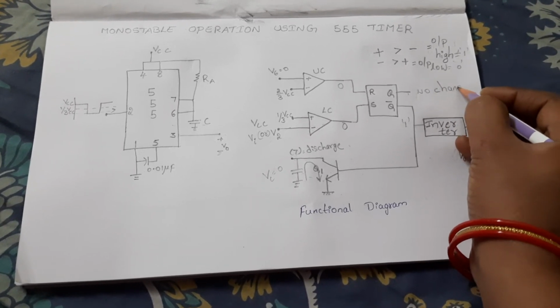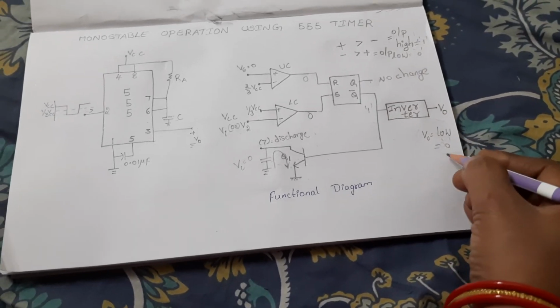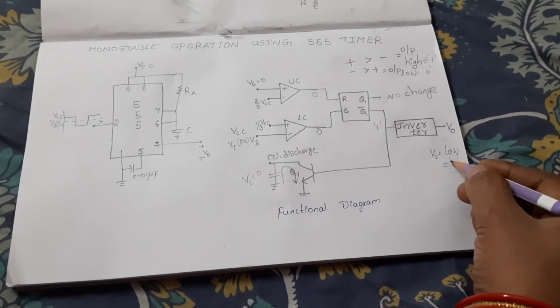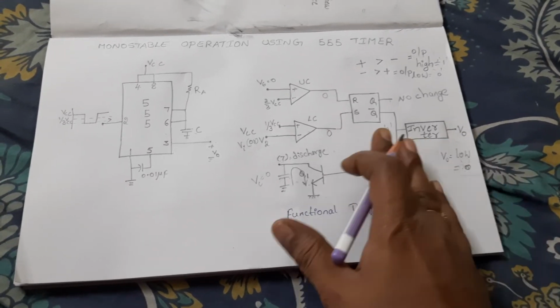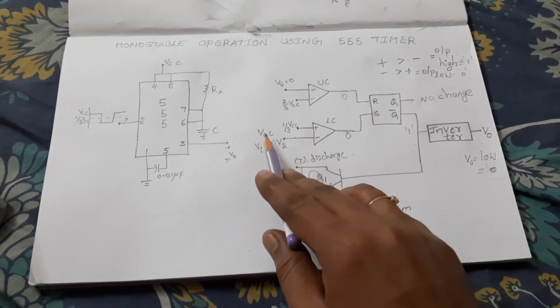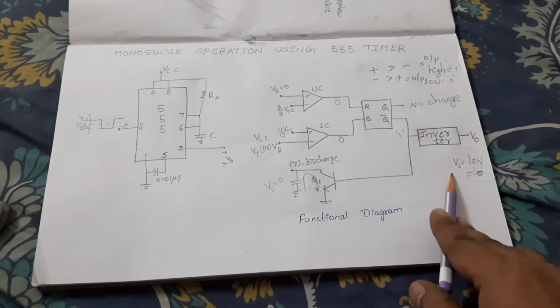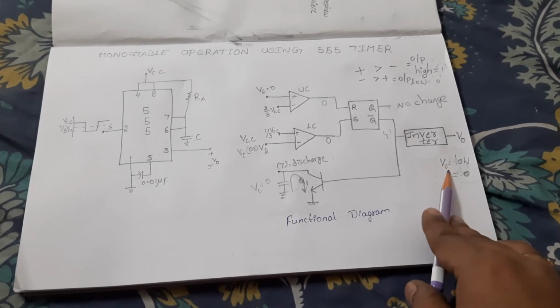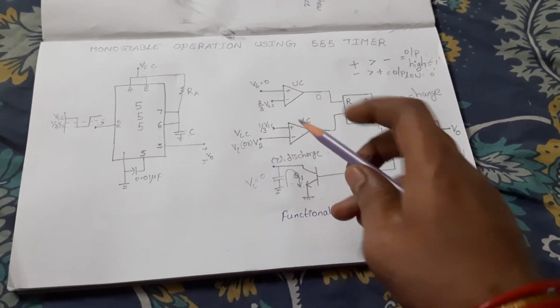The output will remain 0. Remember, whenever the lower comparator input is VCC, the output will be in a no change state. Now start applying the triggering pulse.